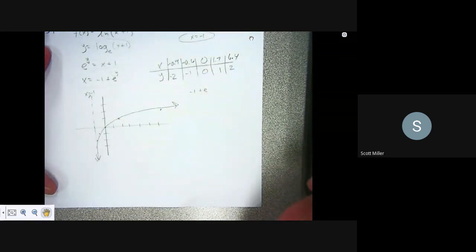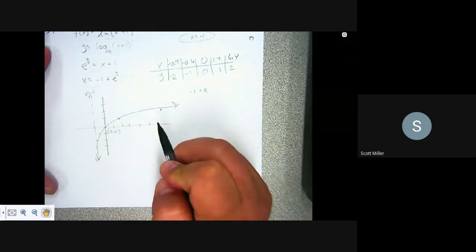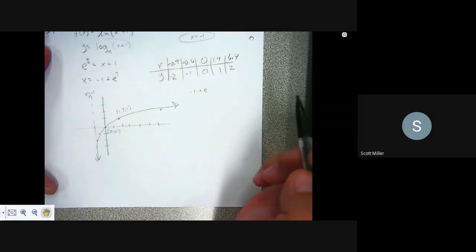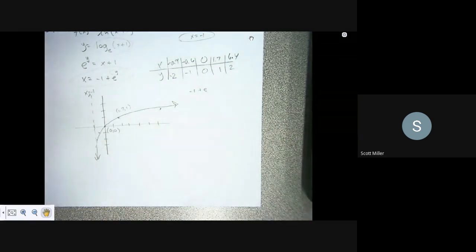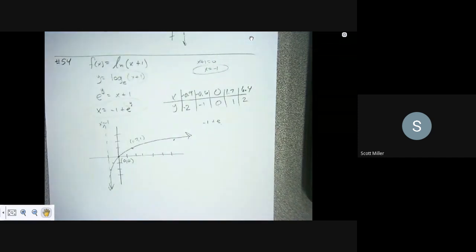There's my log graph. Label the center point and one other point. And there's my graph. Again, scaling the axes, because you need to scale the axes too. So there's your graph. This is what I'm going to be looking for when I grade your tests and stuff. So we'll do more examples together.